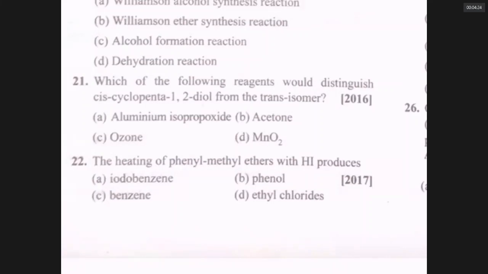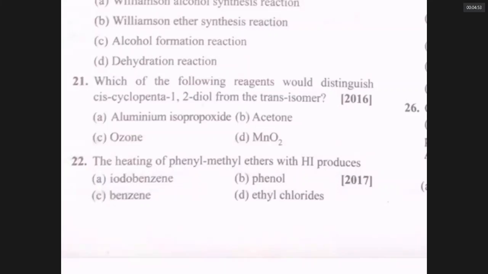Please notice, in phenyl methyl ether, as a rule, you get phenol. In all phenyl ethers, the CO bond of benzene and the oxygen cannot be broken easily. Therefore, always it goes out as phenoxide ion that takes H plus to give phenol. Therefore, for 22nd question, when phenyl methyl ether is treated with HI, I am getting phenol and methyl iodide, not other way around.